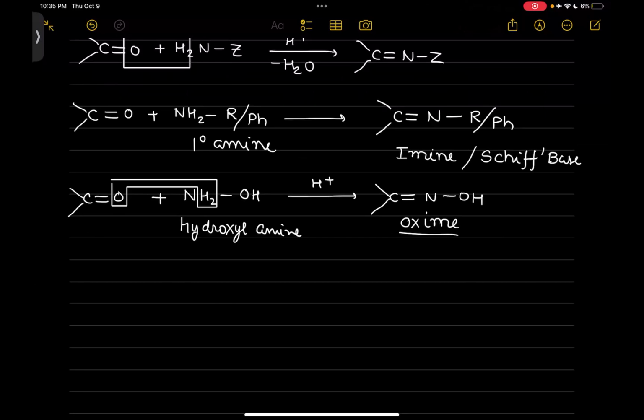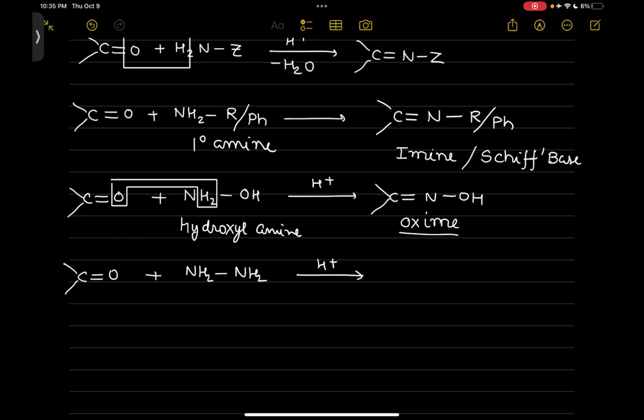If I took NH2, NH2, what the reactant is known as, and what is the name of the corresponding product?